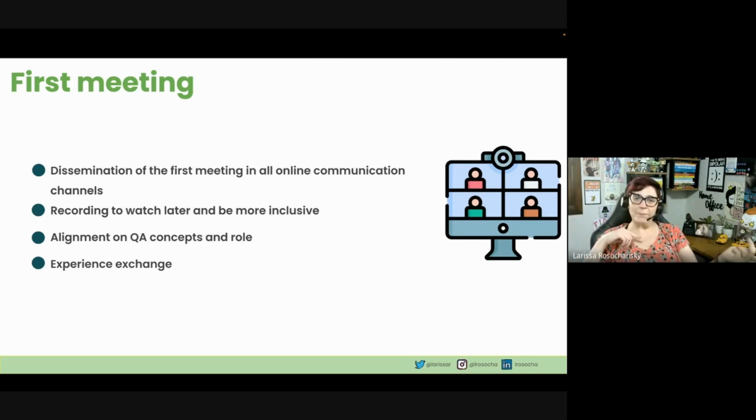And we did the alignment on QA concepts and what was expected for the QA role inside the squads, in terms of checking the stories and also doing an experience exchange, so people could listen and be part of something as well.